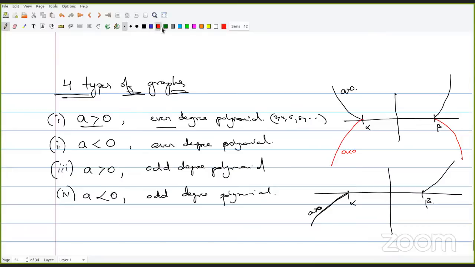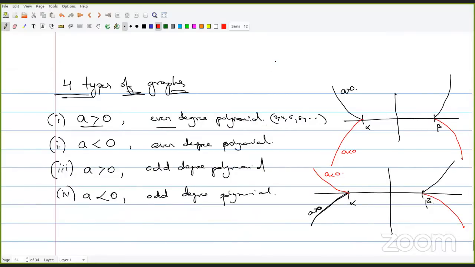Sorry, if it is odd degree with a less than 0, okay, these are the 4 types. In odd degree, both sides are in opposite directions, one upper end and one lower end.